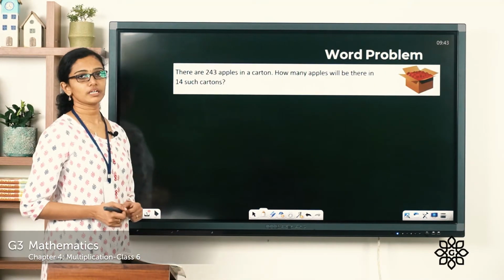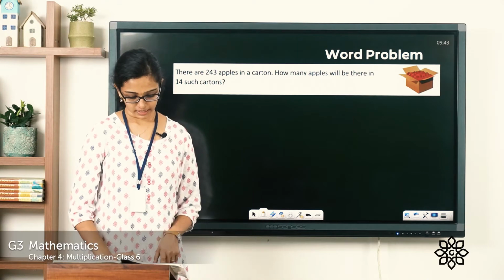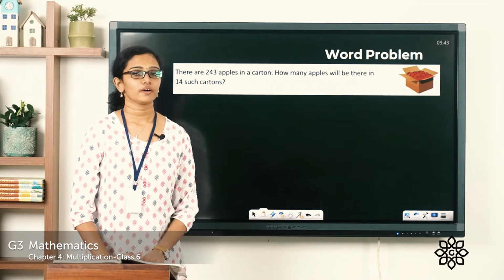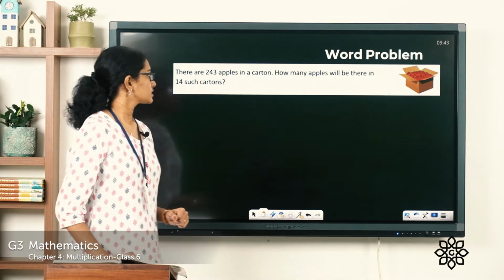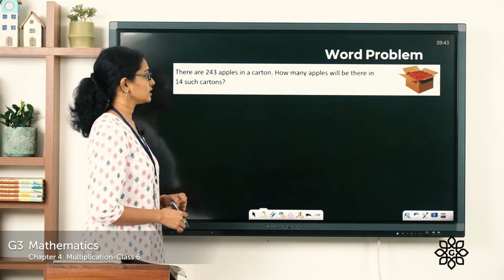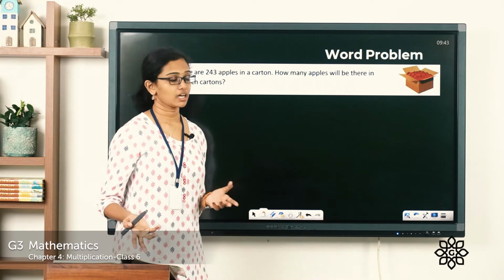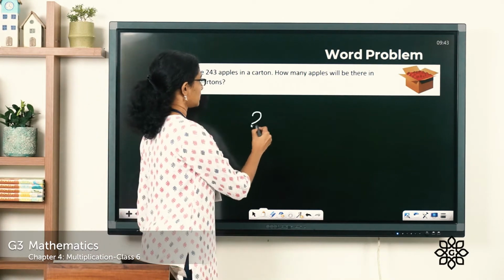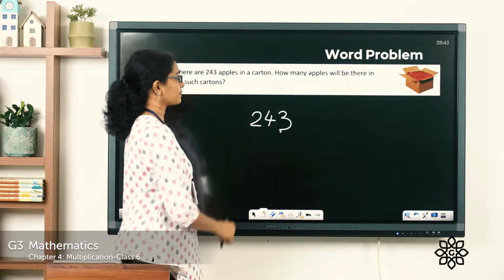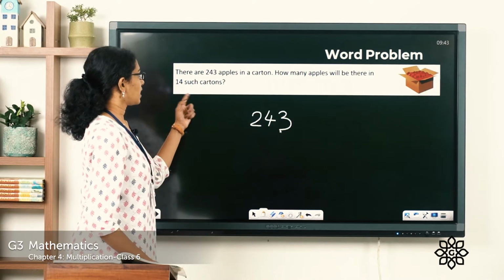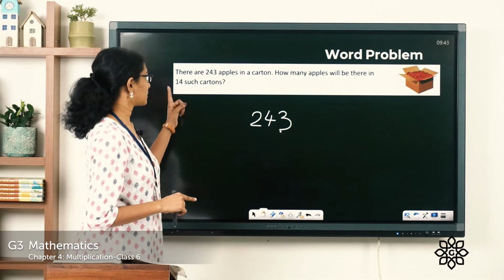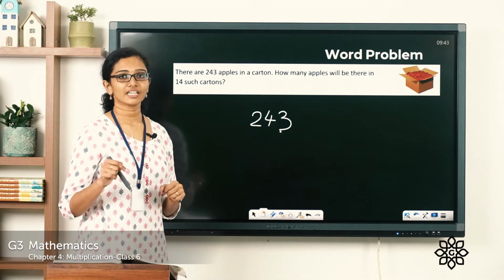There are 243 apples in a carton. How many apples will be there in 14 such cartons? See, what is given in the question? In one carton you have 243 apples, and you are asked to find out the total number of apples that will be in 14 such cartons.